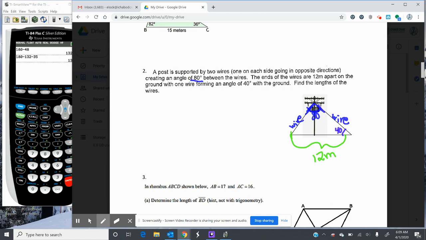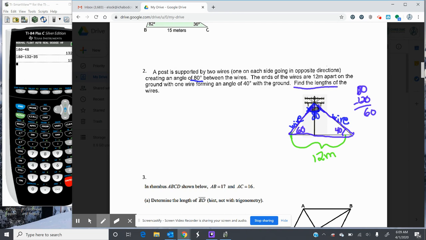Now here we have the triangle: wire, wire, ground. Okay. Now that's not a right triangle. 80 and 40 adds to 120. 180 minus 120 gives us 60 degrees for the other angle. So wire 2 here makes a 60-degree angle with the ground.